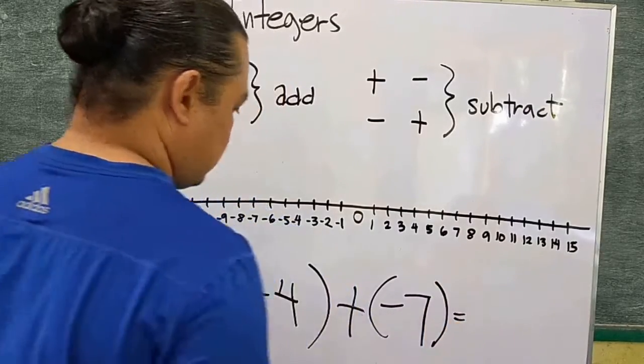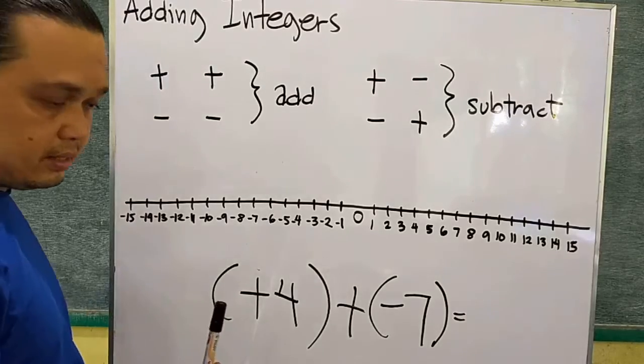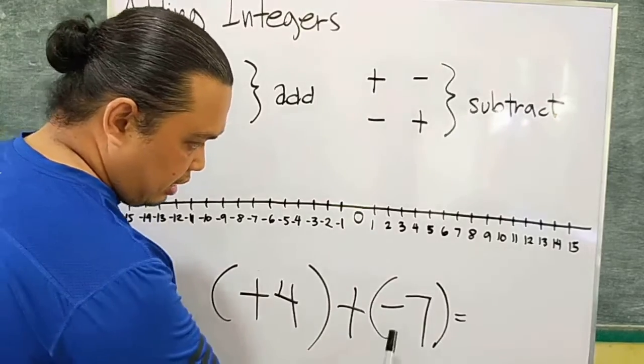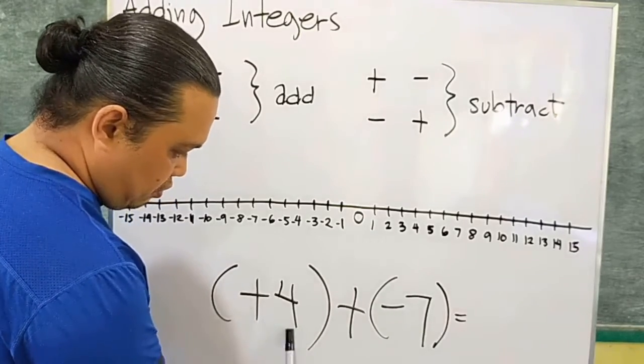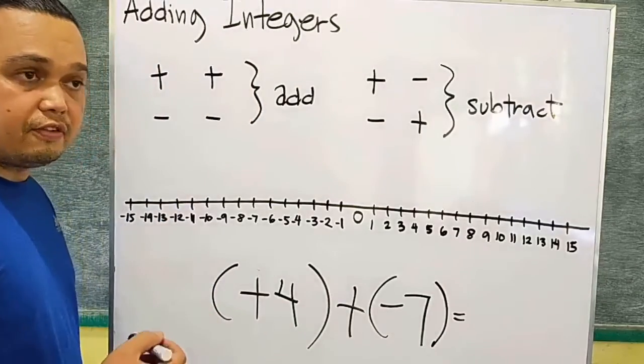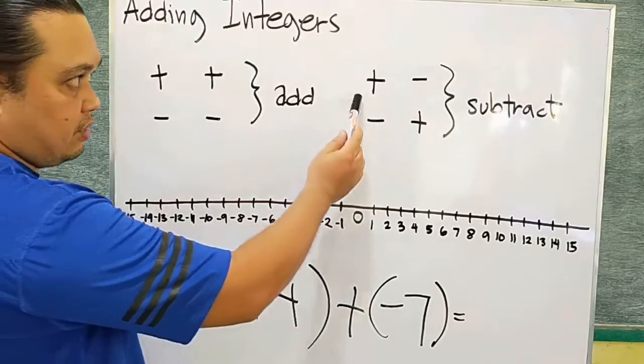Okay. Now, we are adding unlike integers because they have different signs. One here is positive, the other is negative. We have positive 4 here and negative 7. So they have different signs.